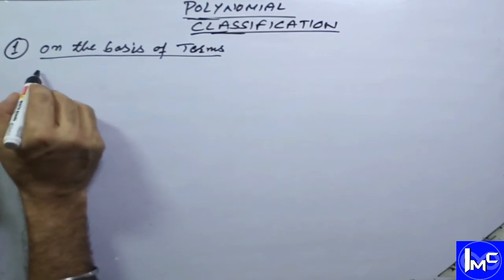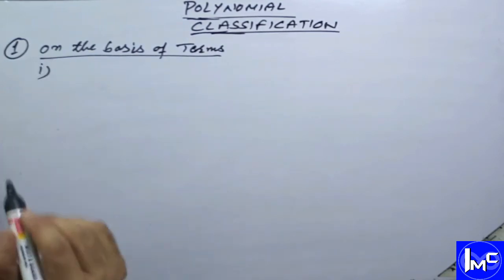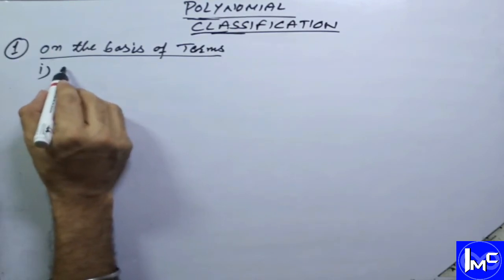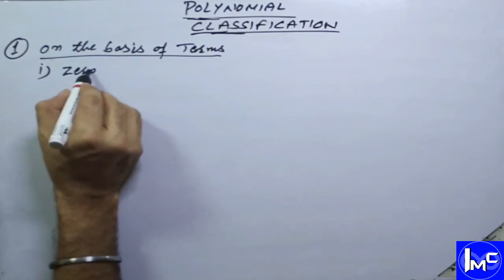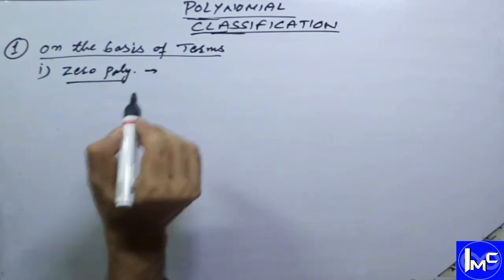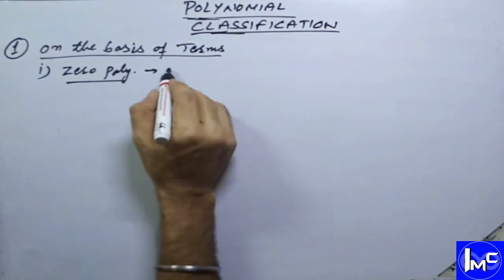First type is zero polynomial. A polynomial having no terms.